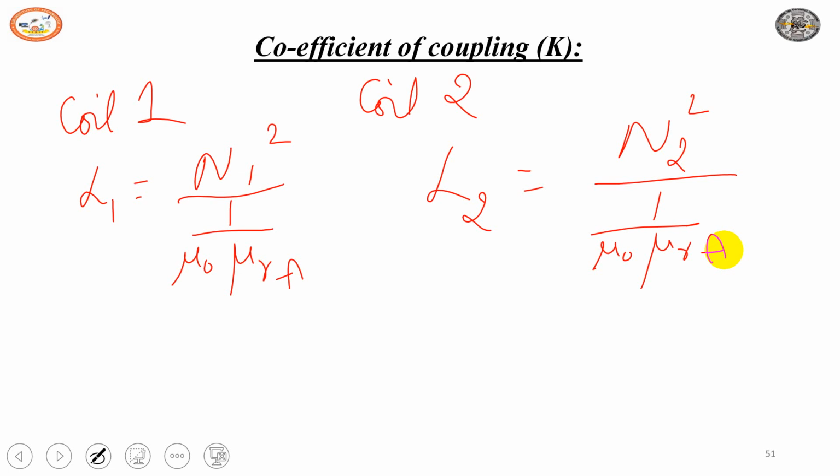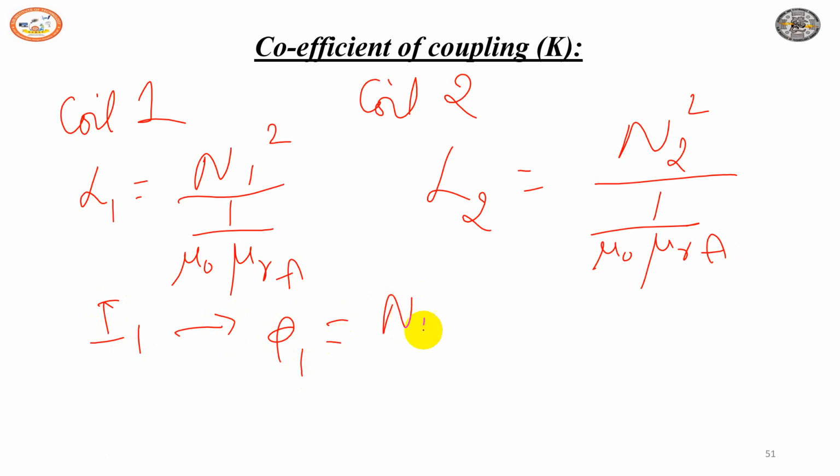Now, when current I1 flows in A, it produces a flux phi 1, which is equal to N1 I1 divided by 1 by mu naught mu R into A. The coefficient of coupling is the ratio of mutual flux to the total flux.